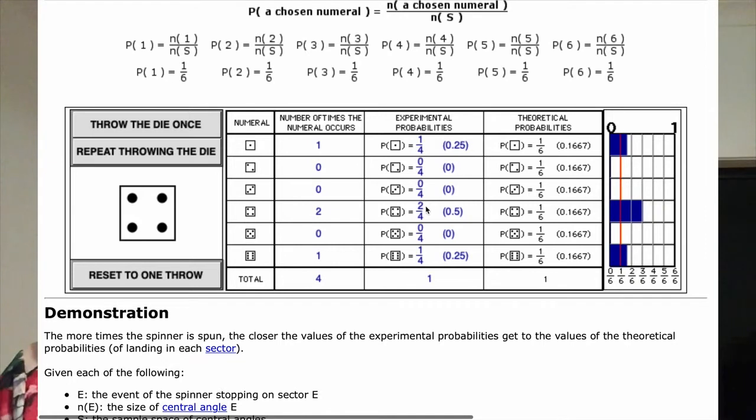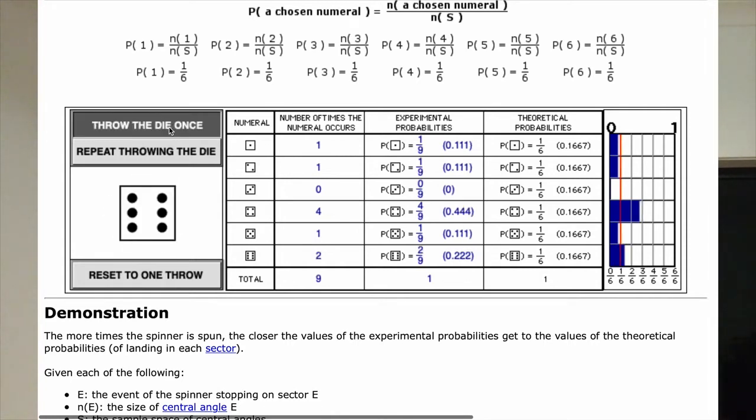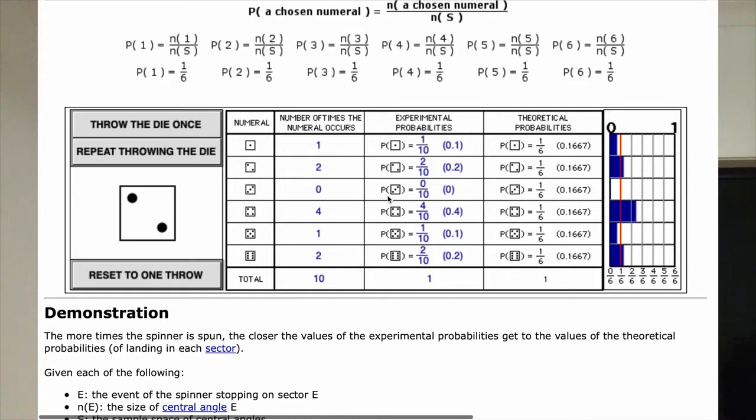We keep on going, get a 4, and a 2, and a 4, and a 5, and a 4, and a 6. Last roll, a 2. Our experimental probability is 0 out of 10.